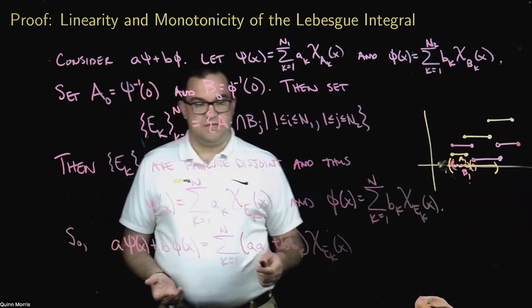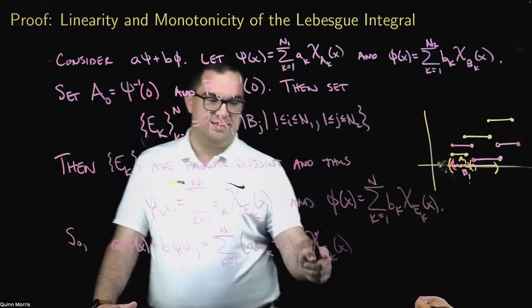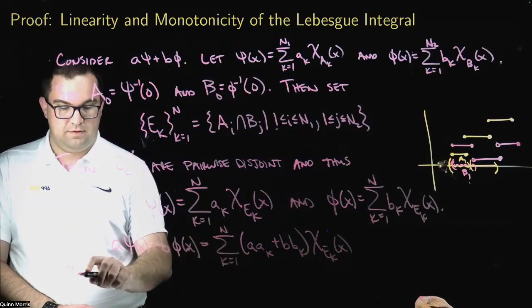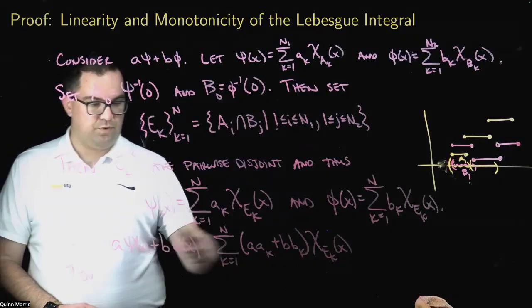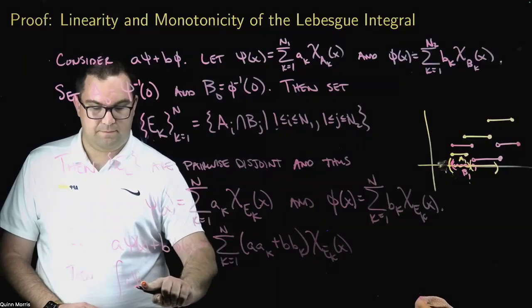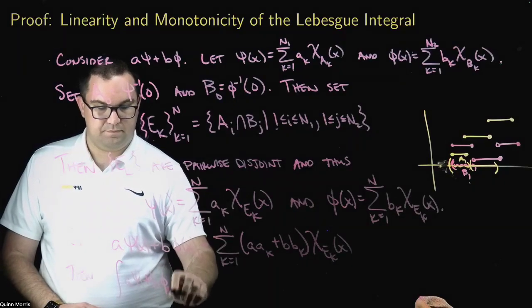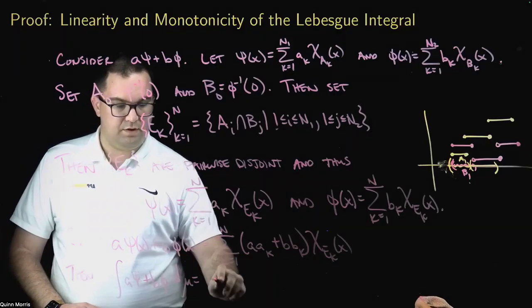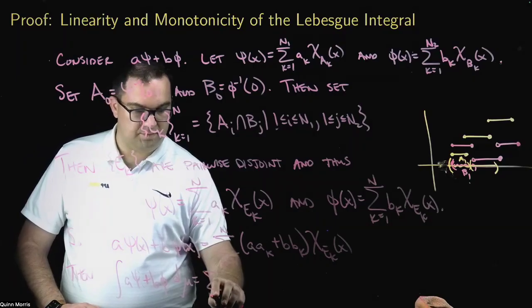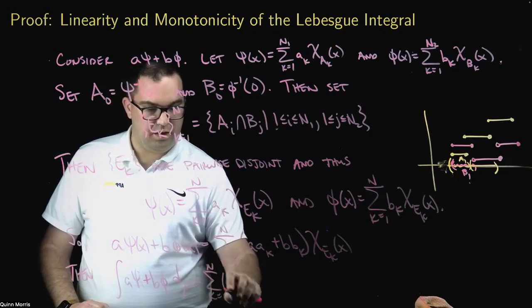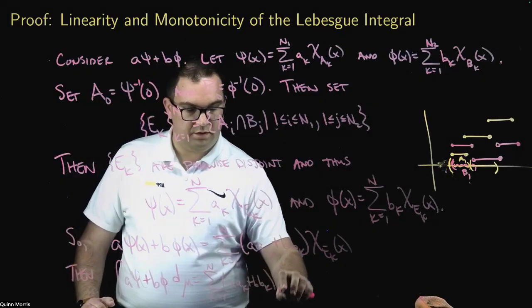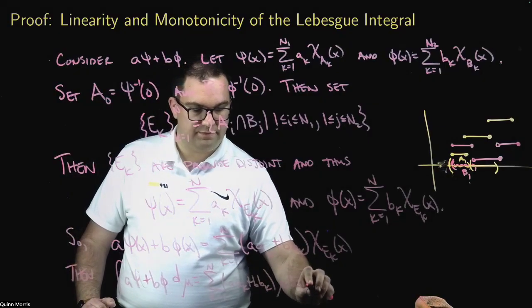And so it follows from our independence theorem, because again, this is not a canonical representation, but it follows from the theorem that since I can express this function in this way, its Lebesgue integral has to be equal to this sum, the sum k equals 1 up to capital N of a times AK plus b times BK times the measure of the EKs.